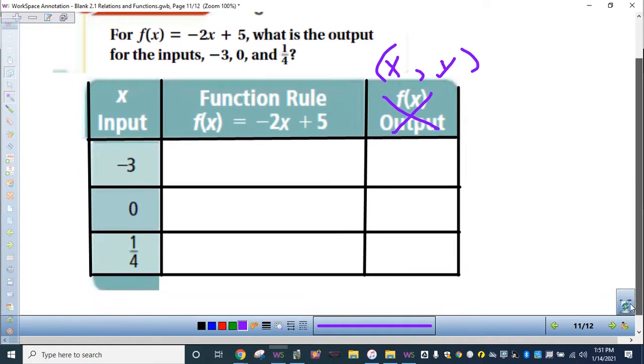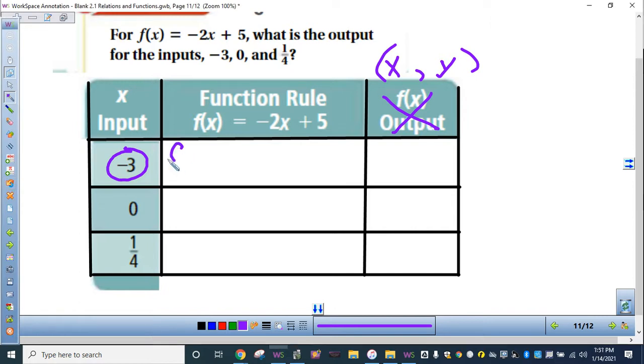We'll always have that third column be x comma y. So all we're doing is plugging this -3 in for this x and that x. So it's just asking you what happens when you plug in -3.